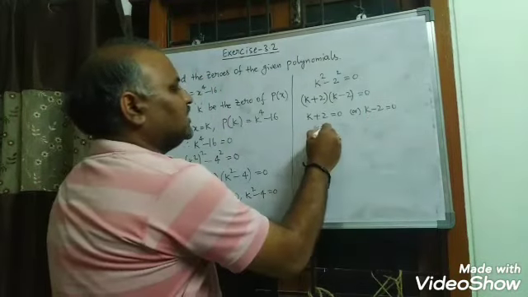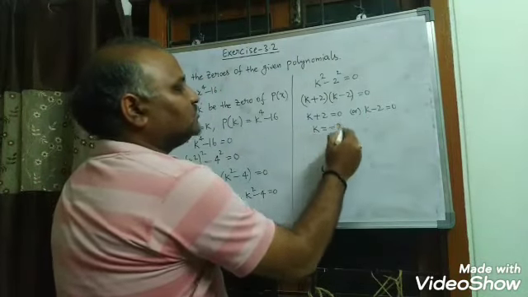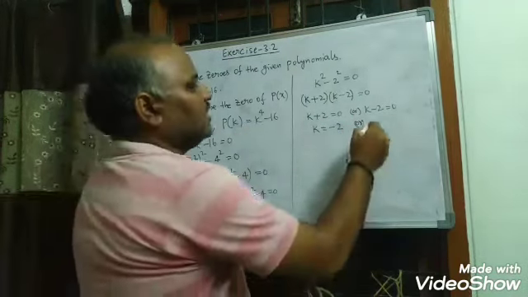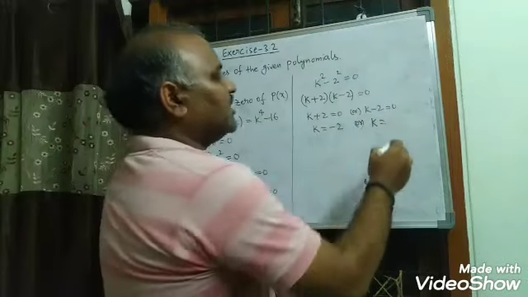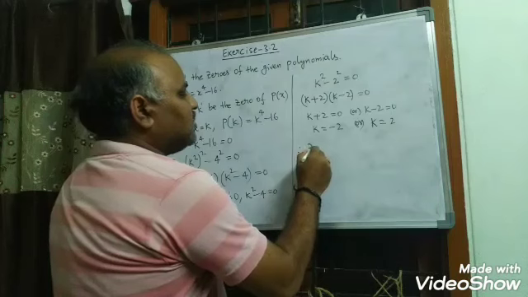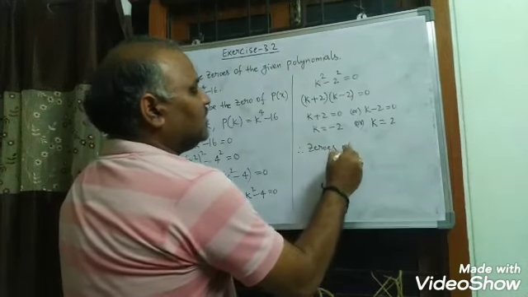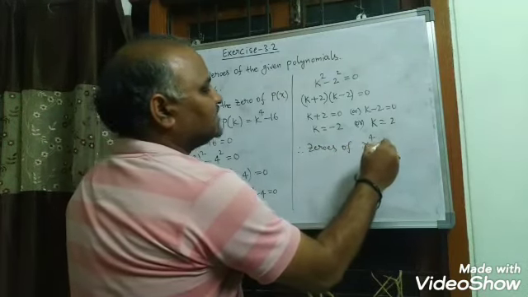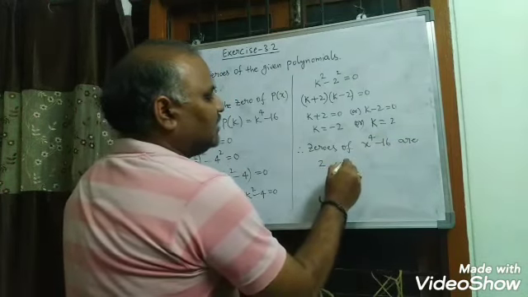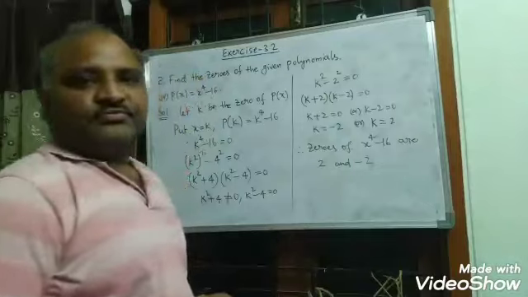So this is nothing but k equal to minus 2, because plus 2 becomes minus 2 on the RHS on transposition, and this also, minus 2 becomes plus 2. Therefore, zeros of the polynomial x power 4 minus 16 are plus 2 and minus 2.